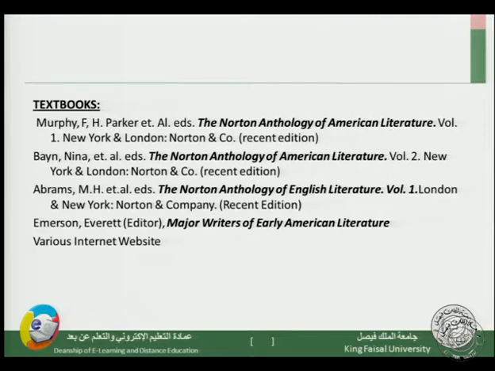So the first one is the Norton Anthology of American Literature, and the other one has the same title but different authors. The first one is by Murphy, the second is by Bain, a different edition. The third one is the Norton Anthology of English Literature.